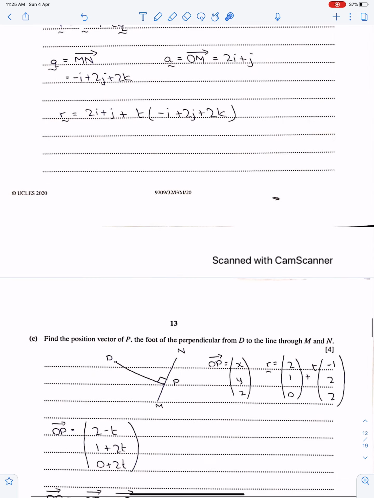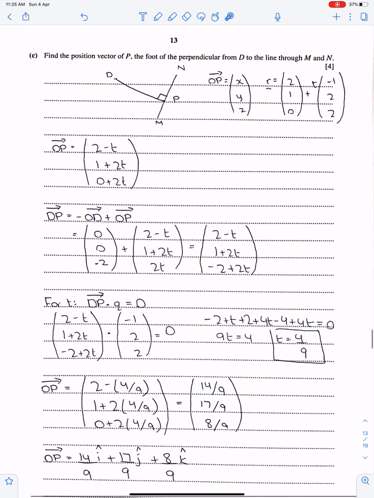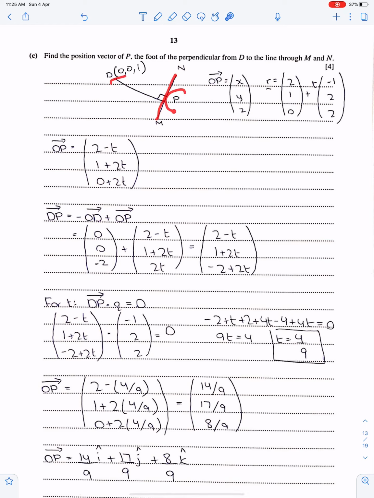This is 2k. First get this P. Let me write D here. It's 0, 0, 1. We have the equation of MN. We have D. We first work for P.